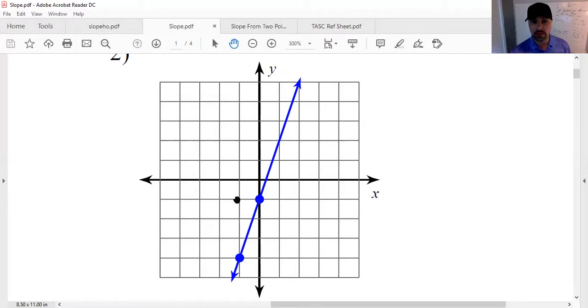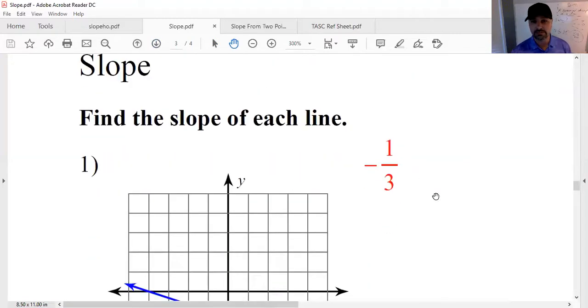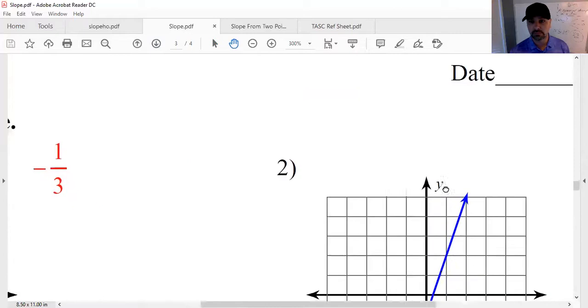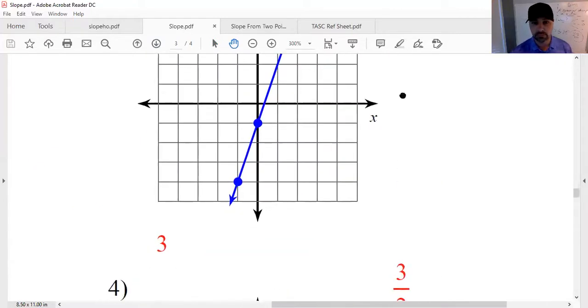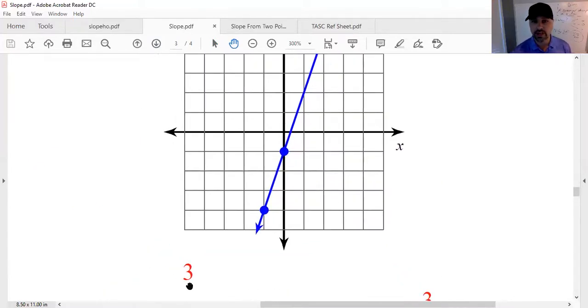So up 3 over 1, and it's positive. Positive 3 over 1 would be the slope. Let's go down and look at the answer. Three.